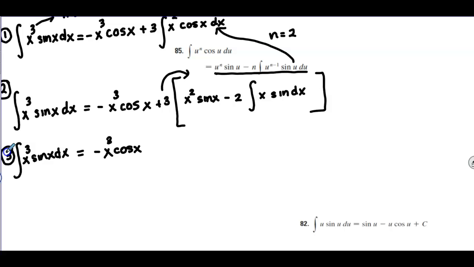Now we're just going to distribute the 3. So we're going to have plus 3x squared sine x minus 3 times 2, which is 6.